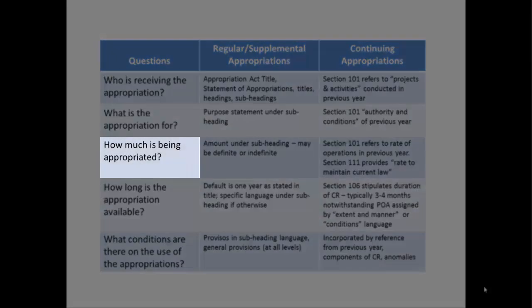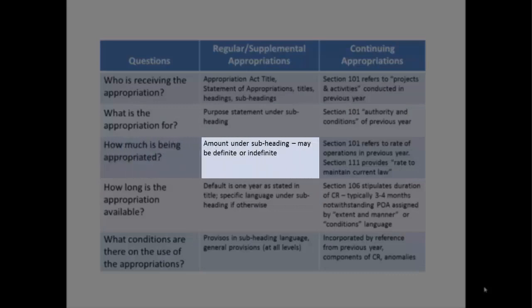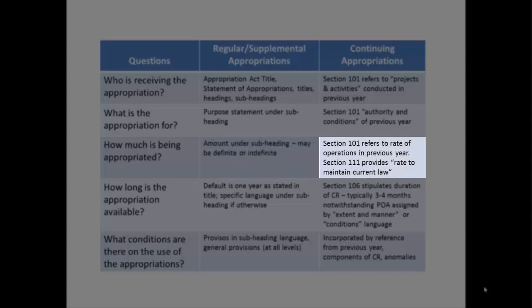Question 3, how much is being appropriated? In regular and supplemental appropriations, the amount appropriated typically follows the purpose statement. This amount is definite in most cases, but for appropriated entitlements may be indefinite. In a CR, except perhaps in anomalies, we cannot find any amounts.